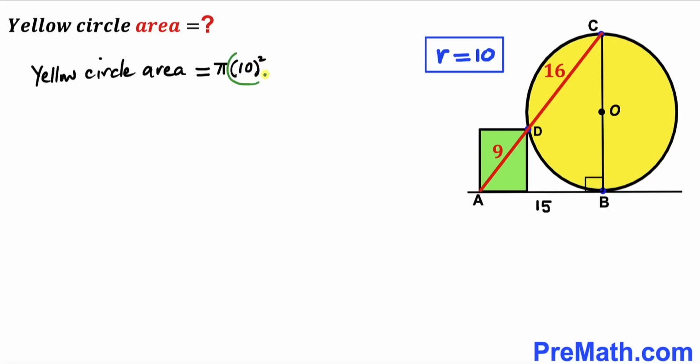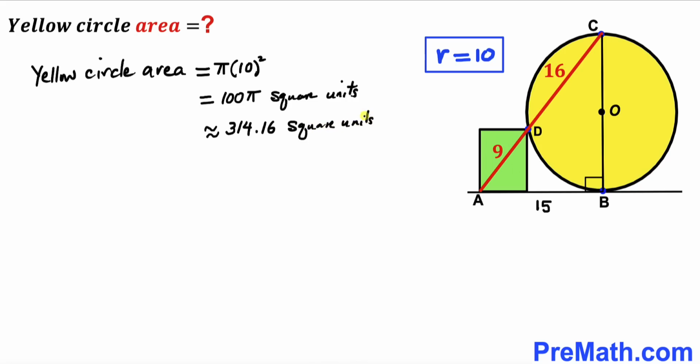Now 10 square is 100. So this yellow circle area turns out to be 100 pi square units. In terms of decimals, this area is approximately equal to 314.16 square units as well.